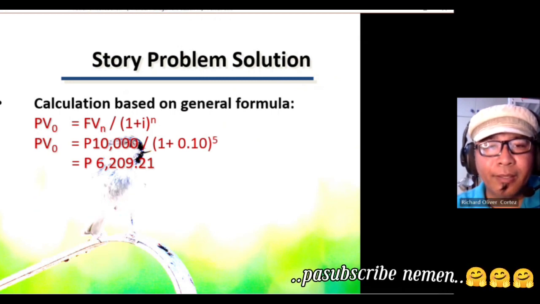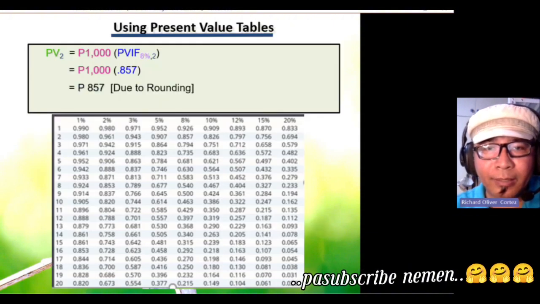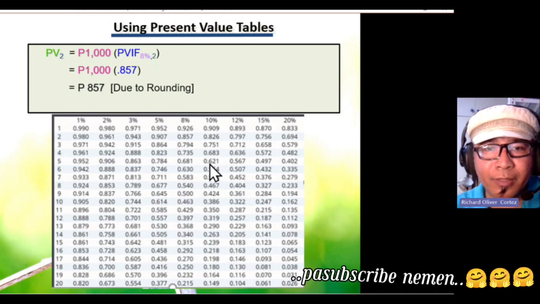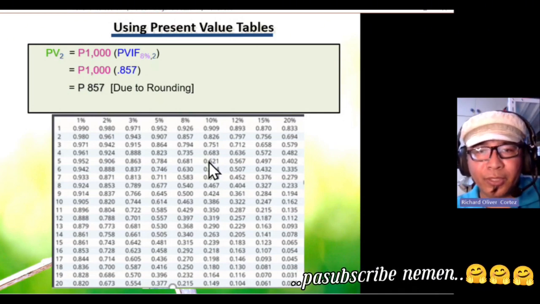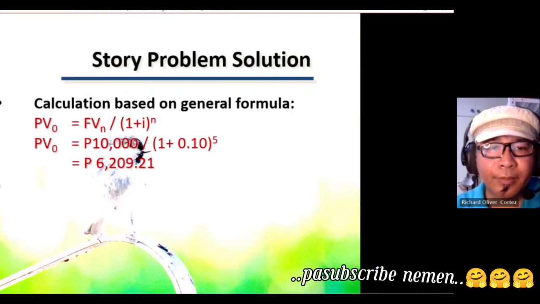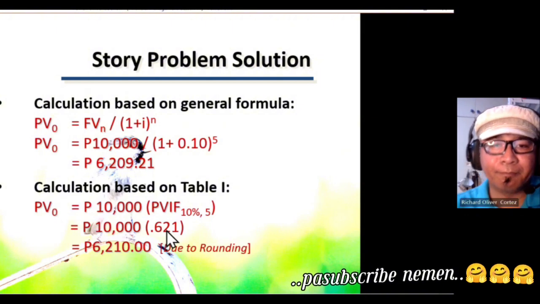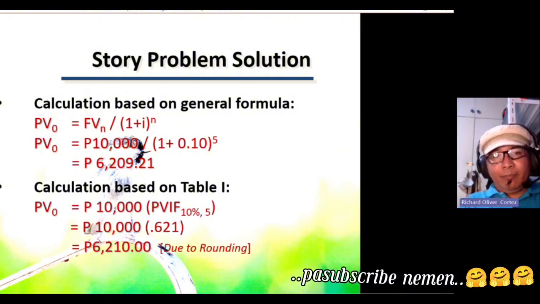Okay? In multiplying that factor by the 10,000. Balik natin 10% tapos 5 times. No? So, 0.621. Okay? So, therefore, just multiply by 0.621 and you will get the 6,210 pesos.